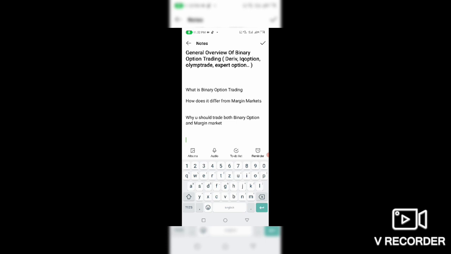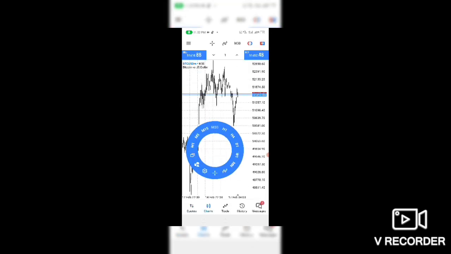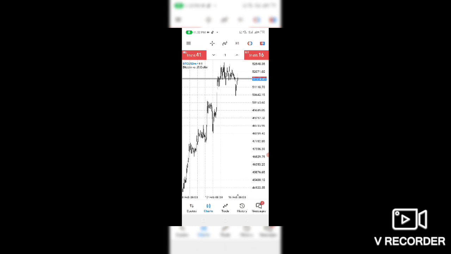The thing is, we use high level technical analysis to get a signal. So if a signal is going to be profitable for margin market, let's say I predicted that BTC USD, for instance, is going to go up from here, and so I buy.